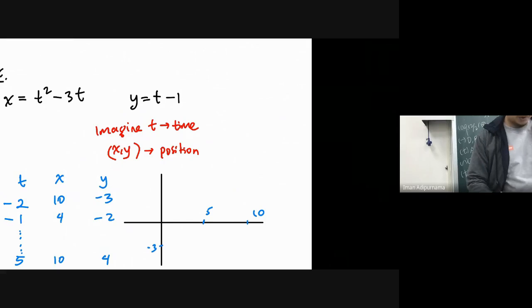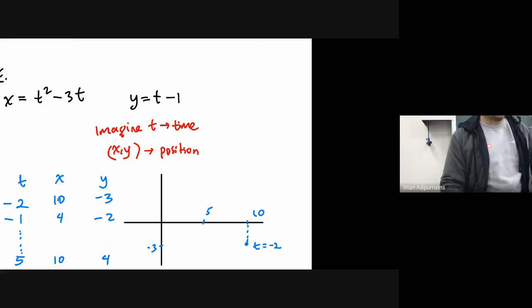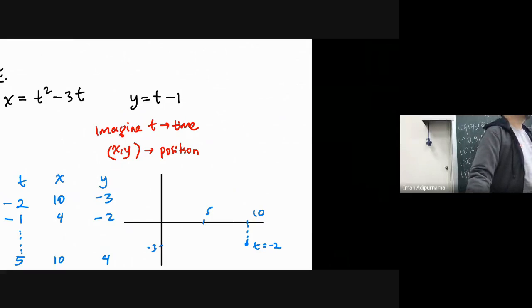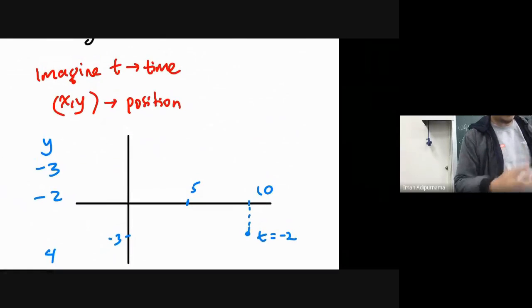This is negative 3. Start from here. It's t equal negative 2. Of course, if you imagine t is negative 2 as time, it would be weird. But let's just say it's negative 2 to make the graph symmetrical.